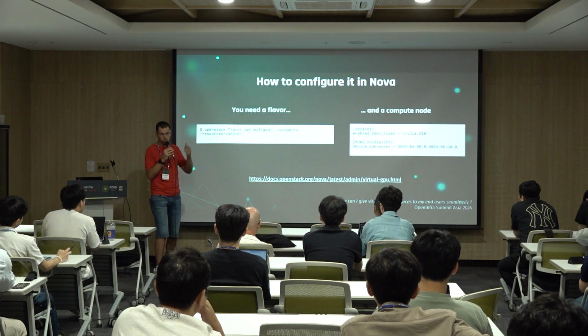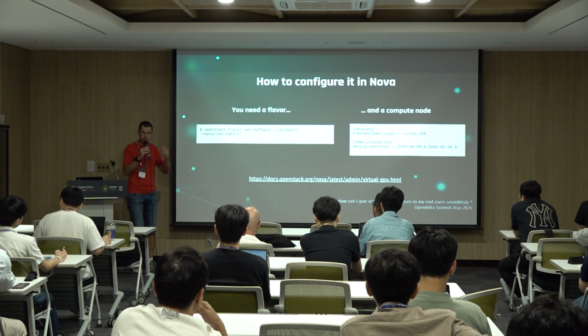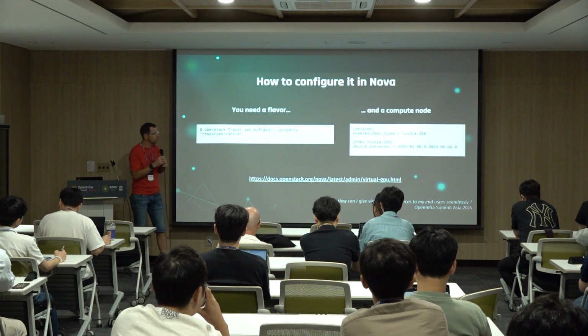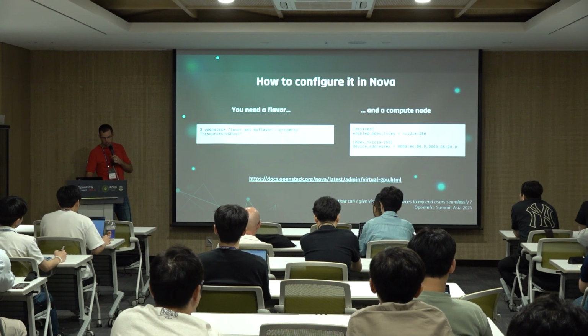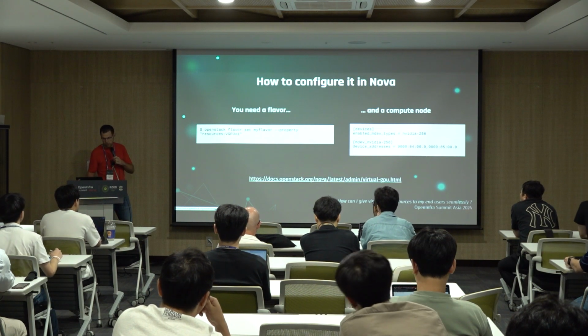That way you configure Nova to say, for those GPUs, if you support that specific nVidia type, please use it. All the detailed instructions can be found in the link below.